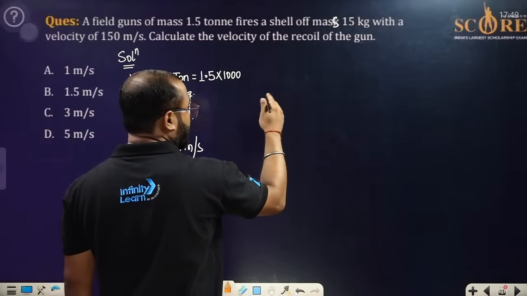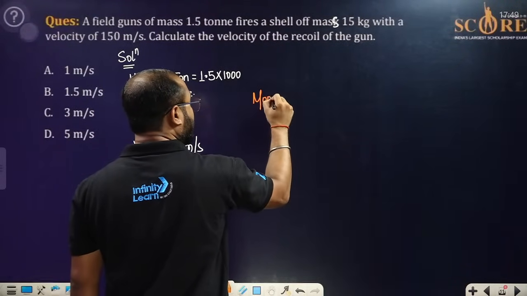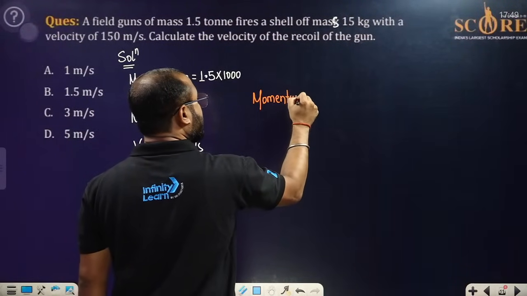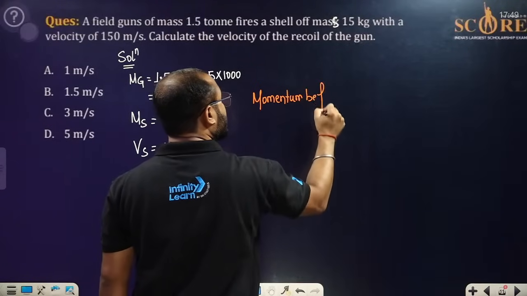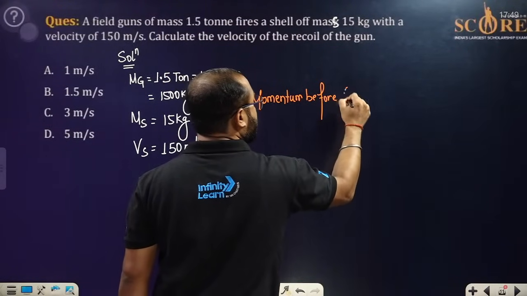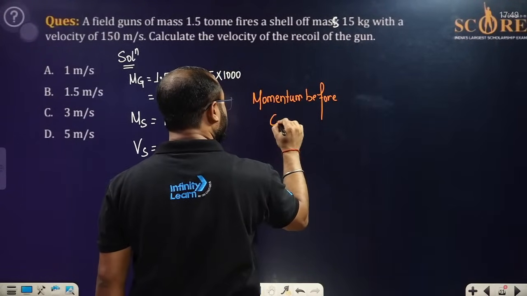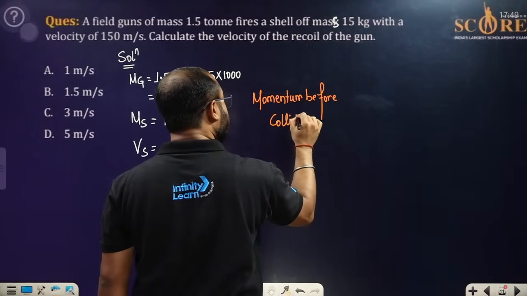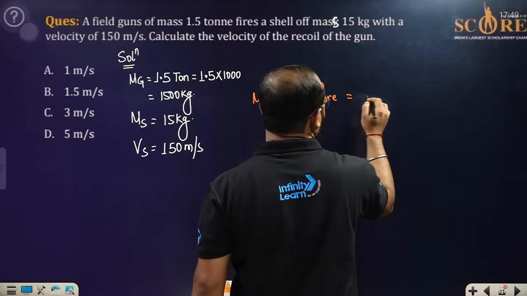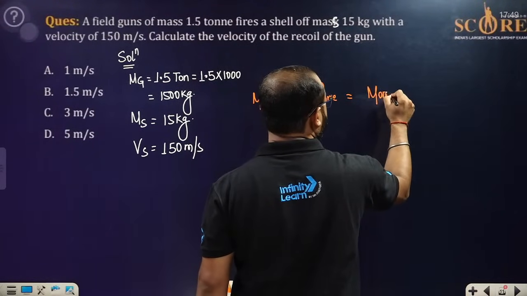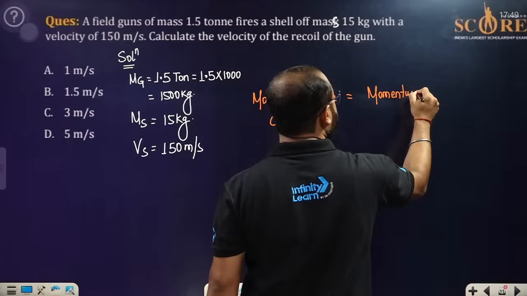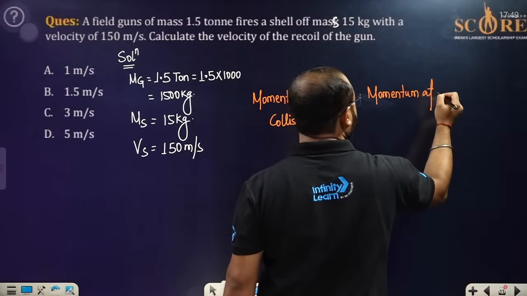So we know that momentum before collision will be equal to momentum after collision.